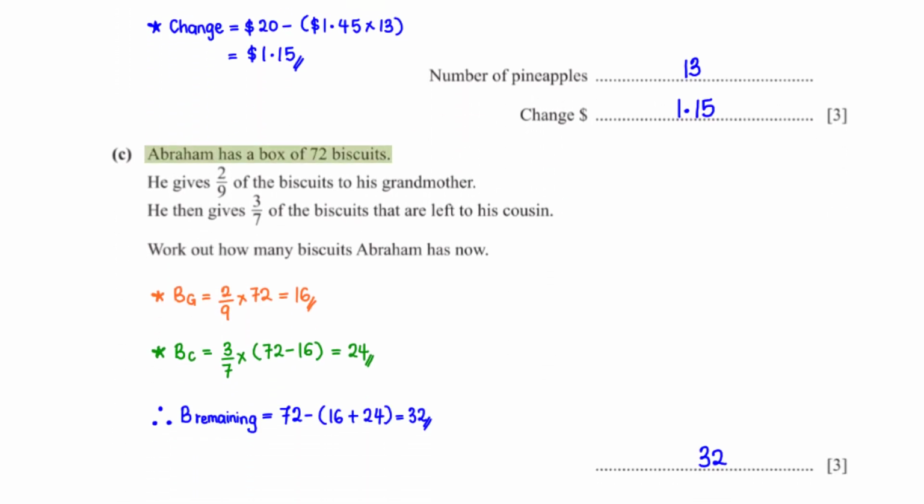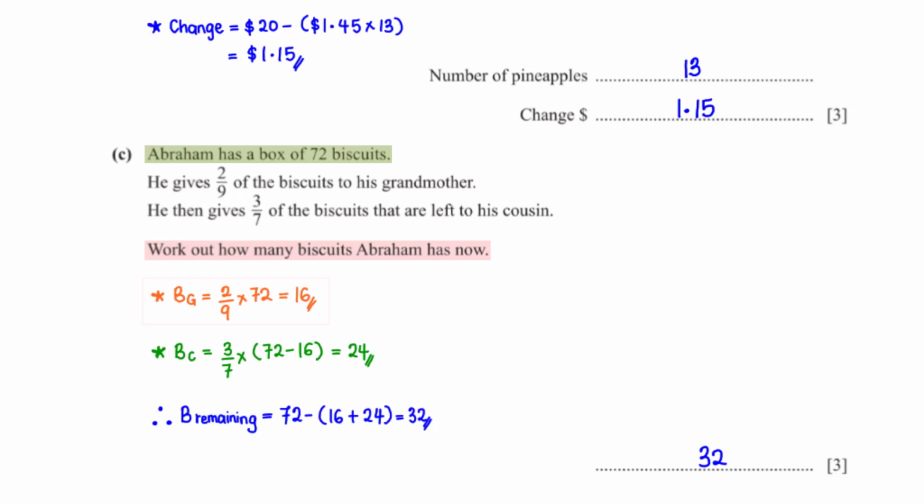Abraham has a box of 72 biscuits. He gives 2/9 of the biscuits to his grandmother. He then gives 3/7 of the biscuits that are left to his cousin. Work out how many biscuits Abraham has now. First, let's find the number of biscuits he gives to his grandma. This is 2/9 of 72, which is equal to 16.